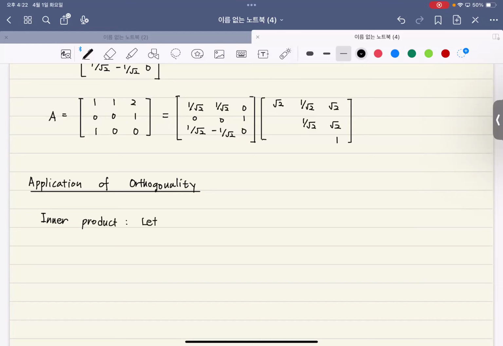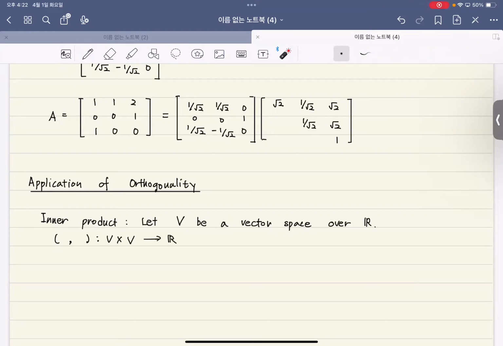In general, an abstract inner product is this. Suppose I have any random abstract vector space V, and I want to define a function which takes two vectors from V as input and gives back some real number. We say this function is an inner product if and only if it satisfies these three properties.